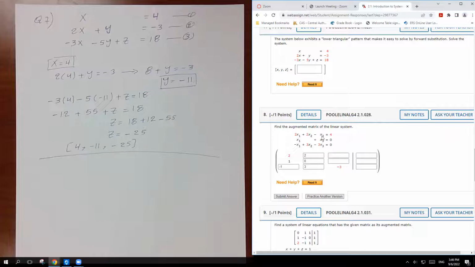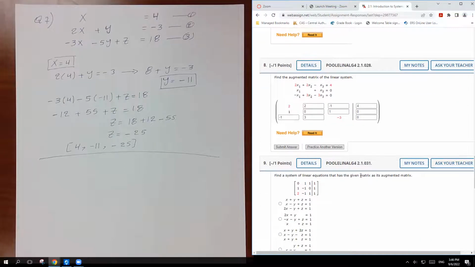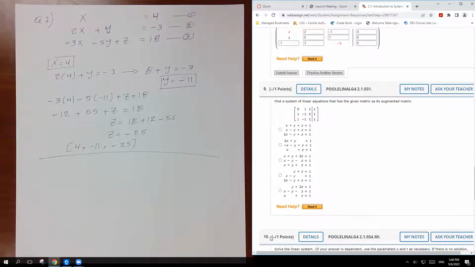And here's the third column, here's going to be negative 1. Be careful, it's minus x3. And here's going to be positive 1. So here's 1, and here's negative 3. Now, on the other side, constant number 4, and this one is going to be 0, and the last one also is going to be 0. That's it for this question. We'll go to the next one.